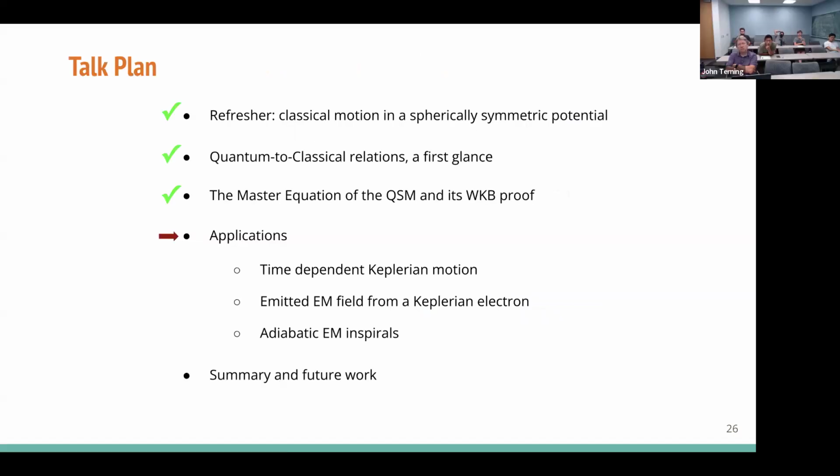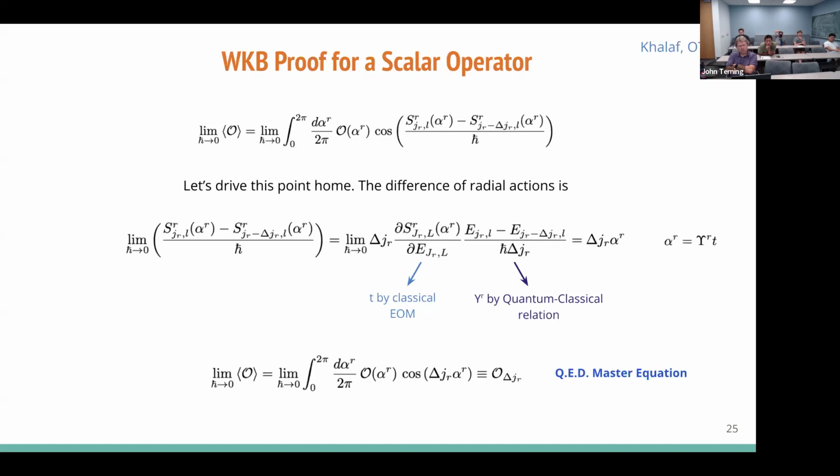Sorry, Ofri? Yes. I'm really not familiar with the action angle stuff. If I have some bound motion, in all generality, there's just no way it could be characterized by two frequencies, right? Can you say a little more?